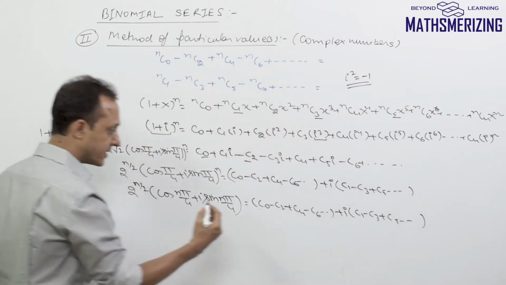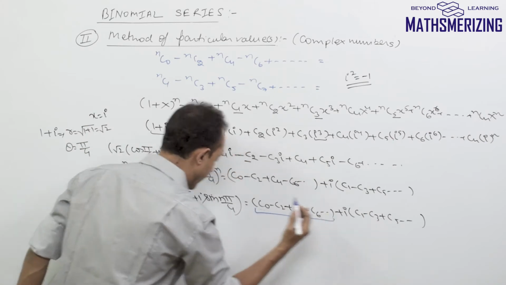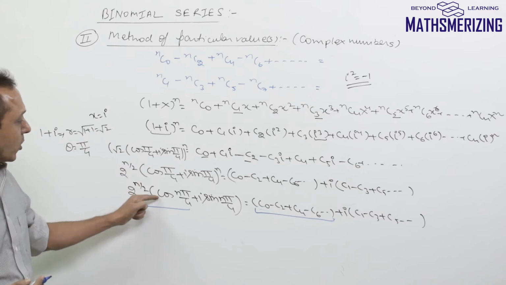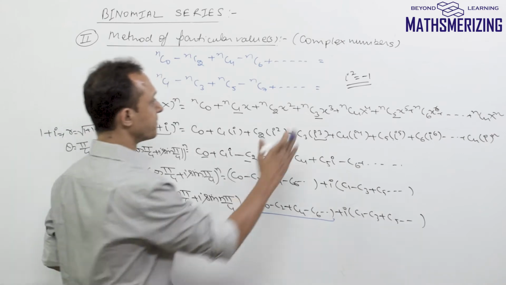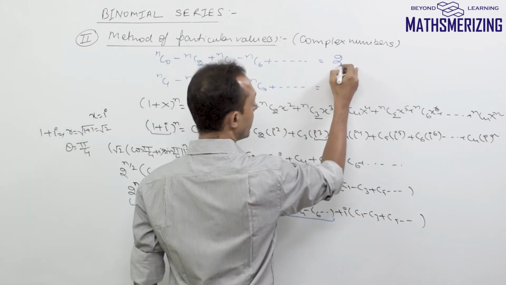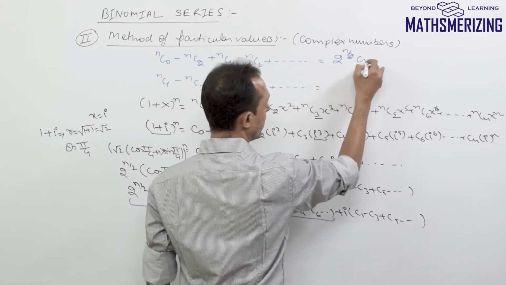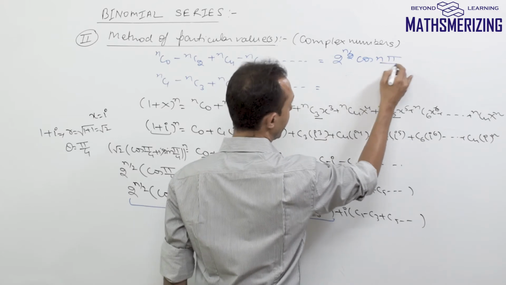So now I'll compare its real part with the real part on the left hand side. The real part on the left hand side is 2 to the power n by 2 cos n pi by 4. So the answer to this first series will be 2 to the power n by 2 into cos n pi by 4.